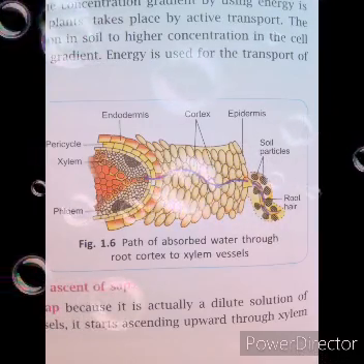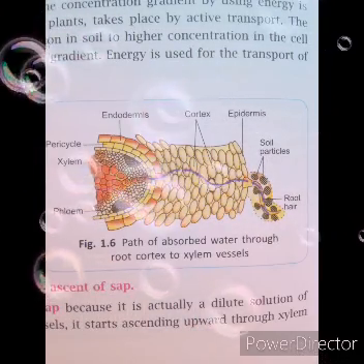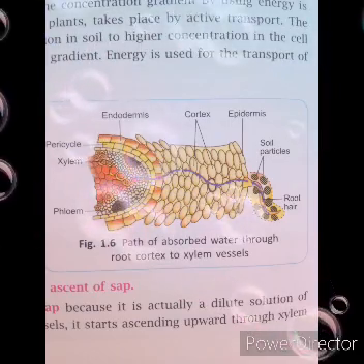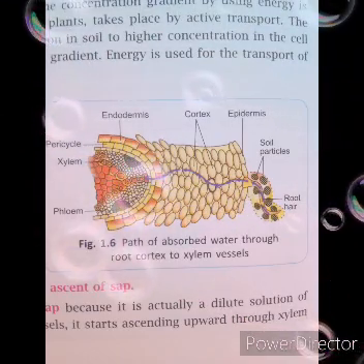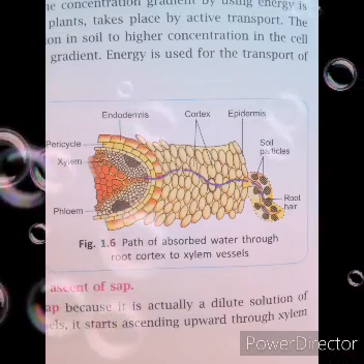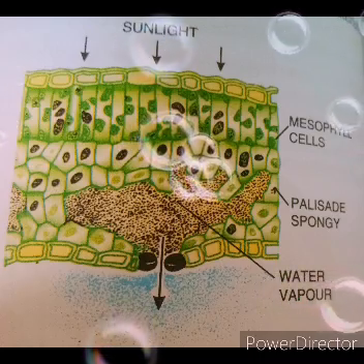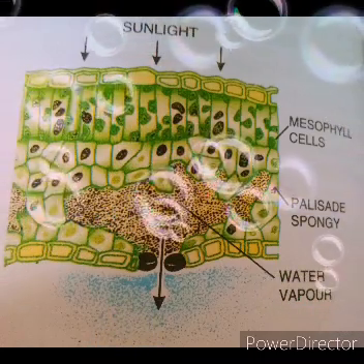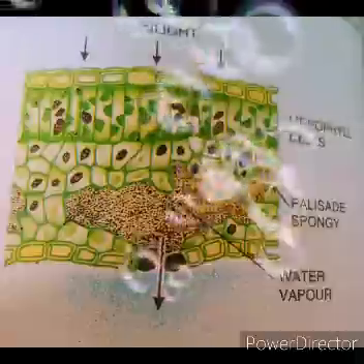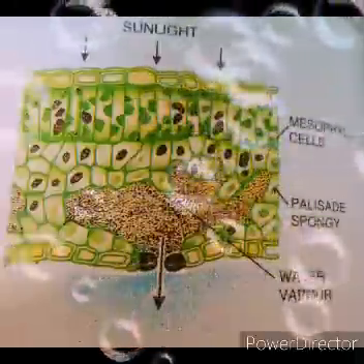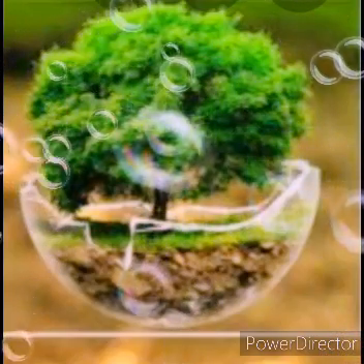This is called cell to cell transport, from one cell to another through the process of osmosis, till it reaches the xylem vessels, and then the conduction of water takes place through the ascent of sap. Ascent of sap is the upward movement of water and minerals through the stem, and this sap consists of minerals and water.